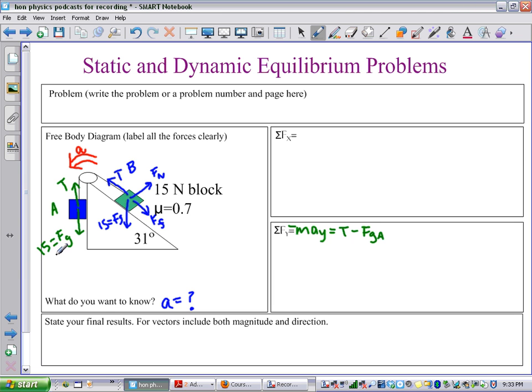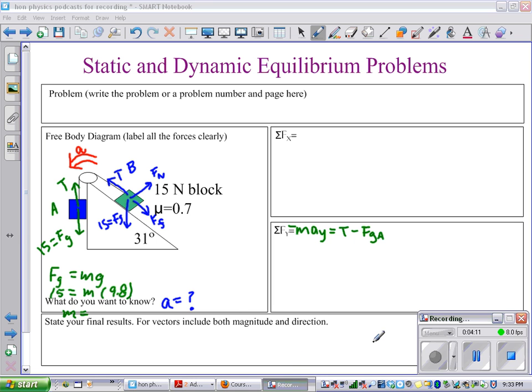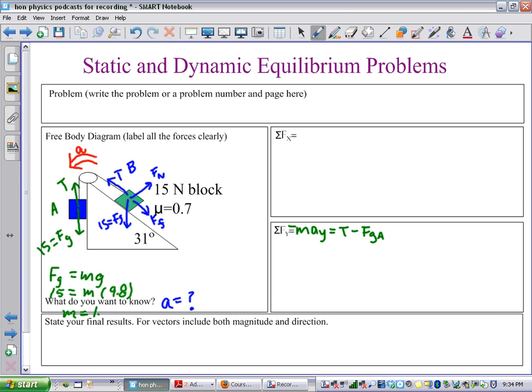Now we know the force of gravity on the block is 15, but for our formula we need to know what the mass is. So 15 equals mass times 9.8, because we're just looking for a magnitude. So our mass will be equal to 1.53.